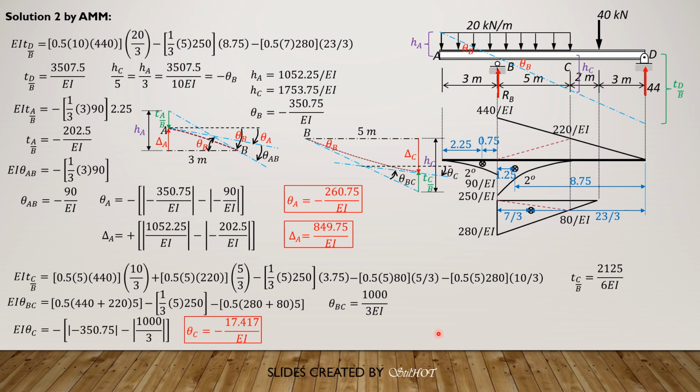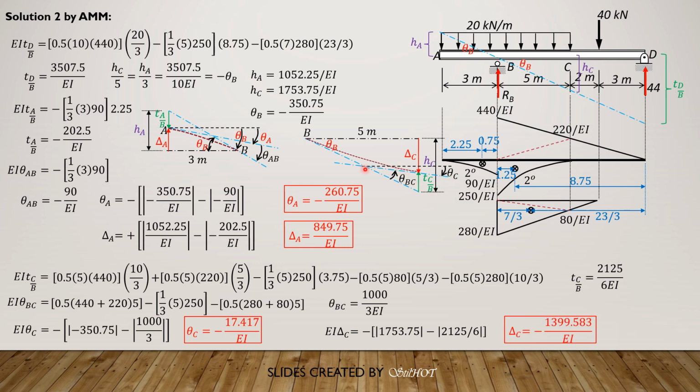So that's theta BC. Theta C, therefore, is the angle that the tangent at C makes with the horizontal. So that's the horizontal. And this is theta C, which is negative because it rotates clockwise from the horizontal.